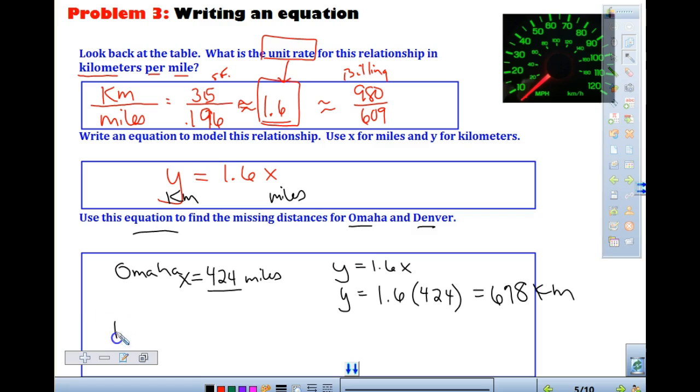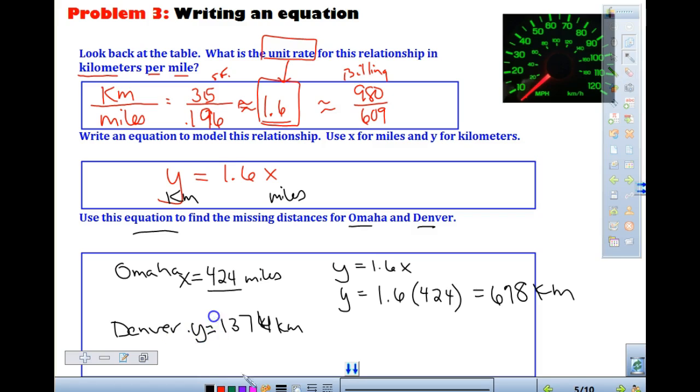So now we're going to look at Denver, okay? Denver is measured in kilometers, and they told us it was 1,374 kilometers. So is that my y or my x this time, Lucy? That's my y.